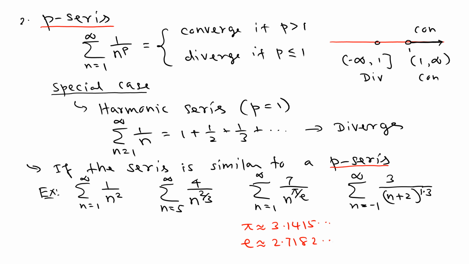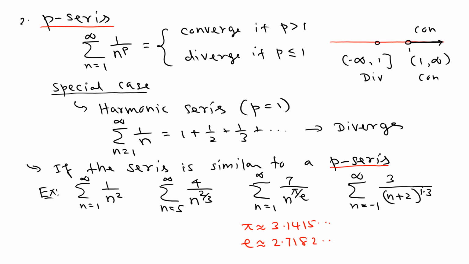So you can simply treat this one exactly like a P series. You only need to look at the p value. In this case p is 1.3, so this has to converge because it's larger than 1. It is just a shifting of the values, but otherwise there's no big difference. If you see a series like that, you don't need to waste too much time. Just go with the P series, look at the p value, and then you can see if this converges or diverges. Okay, so that's the second type.